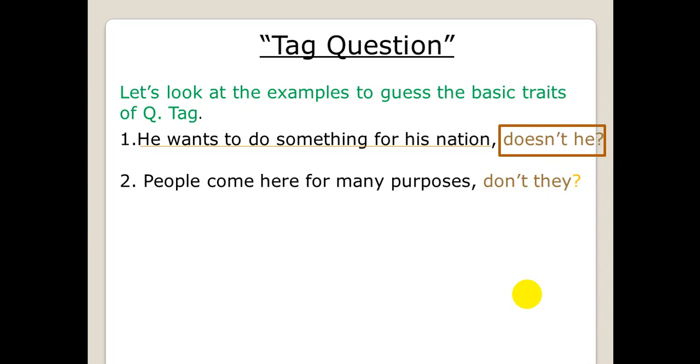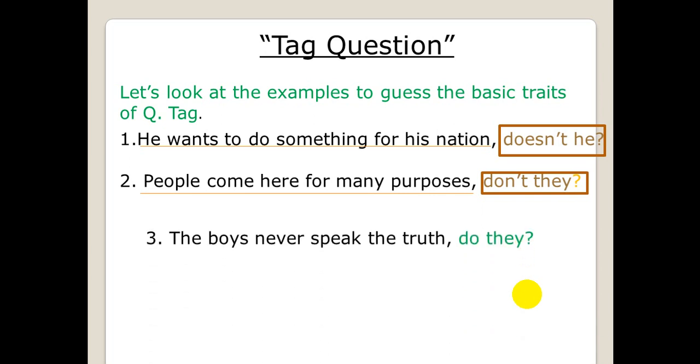So the sentence is affirmative, so the tag question is negative. The same thing happens in the second sentence. So what we find here: if the statement is affirmative, the tag question is negative. And of course, not is added to the helping verb in its contracted form. Remember this one.